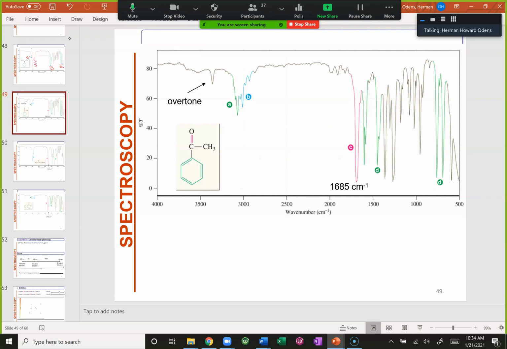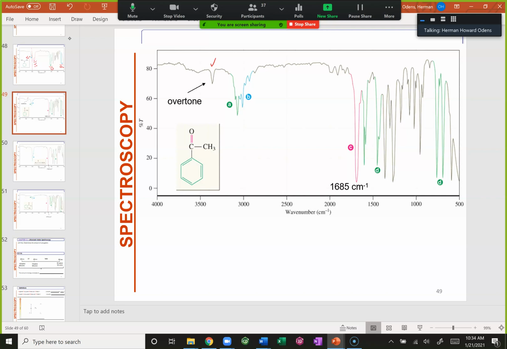The next thing I'm gonna talk to you about is an overtone. Check this thing out. What is an overtone? An overtone is when people accidentally make the sample concentration too high, and so the carbonyl will reflect at the beginning too.